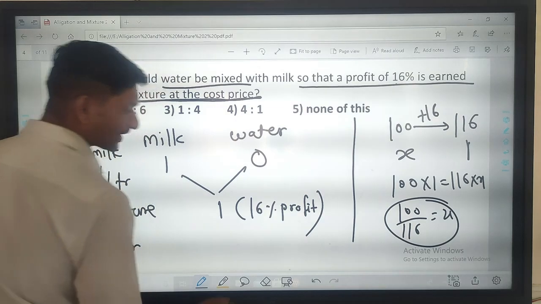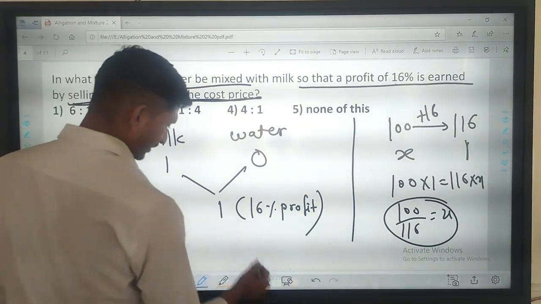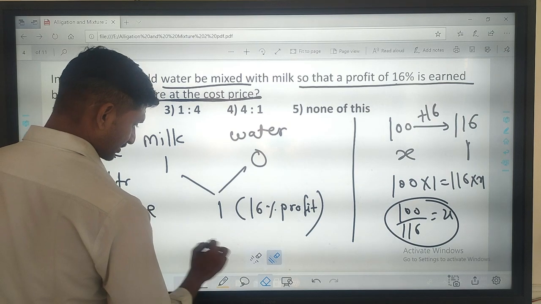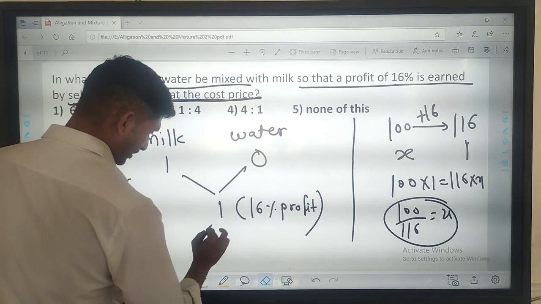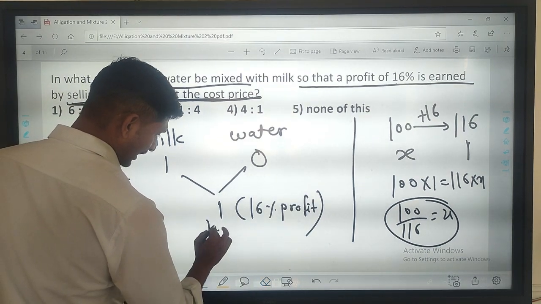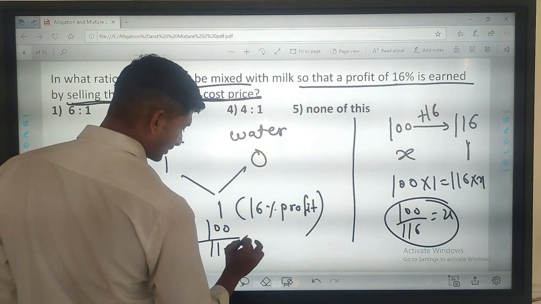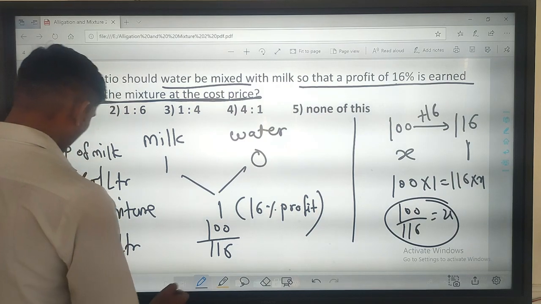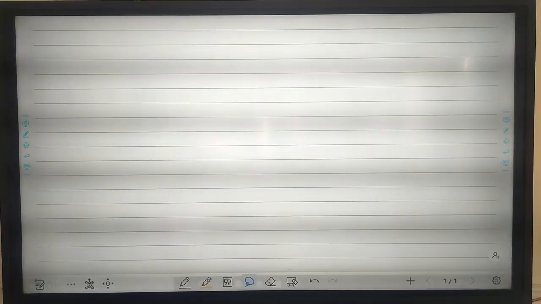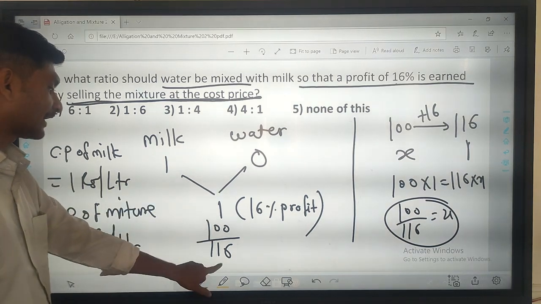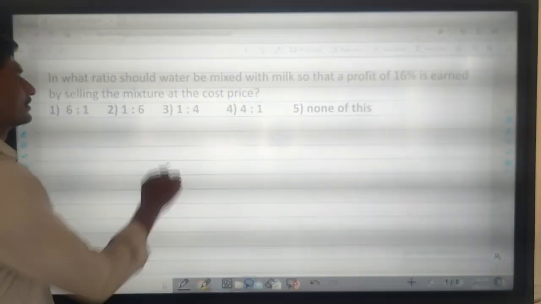Now we write the cost price of the mixture as 100 divided by 116.